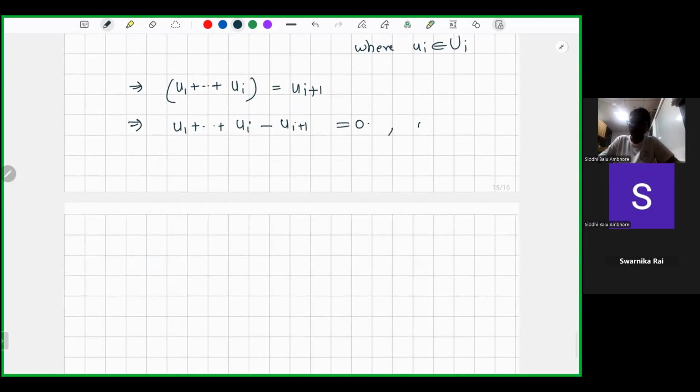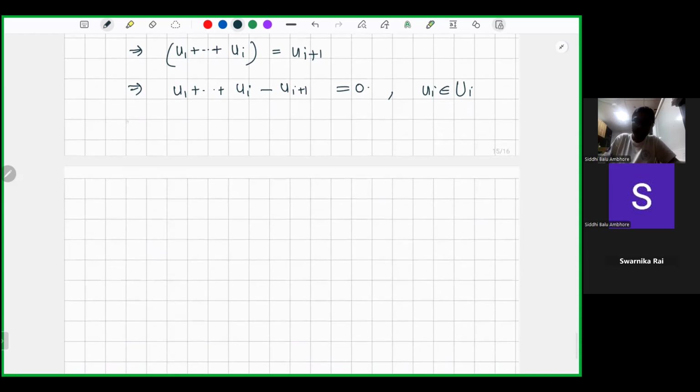With each ui here belonging to capital Ui for all 1 less than or equal to i less than or equal to this i, and for now we have this much information.